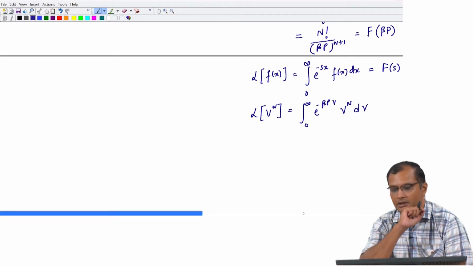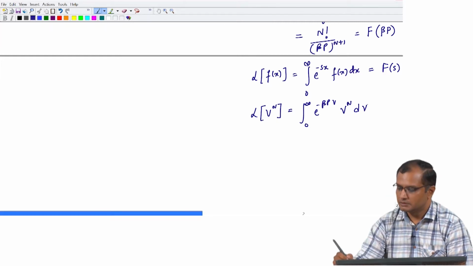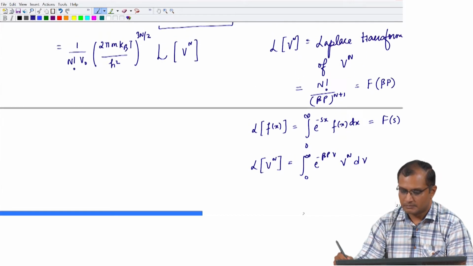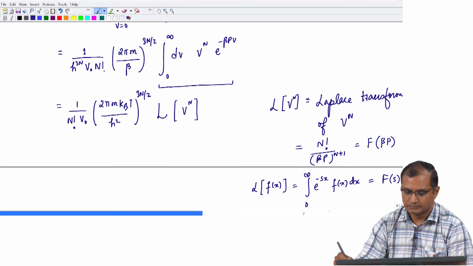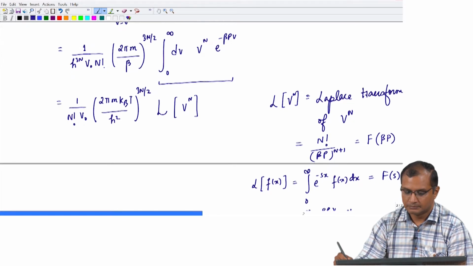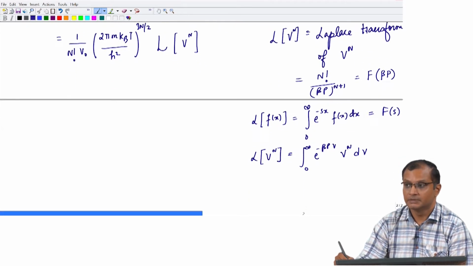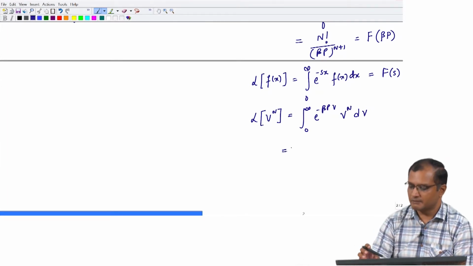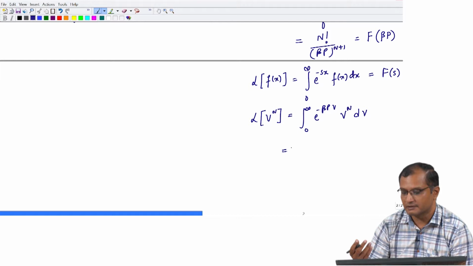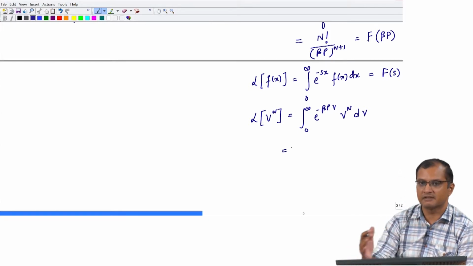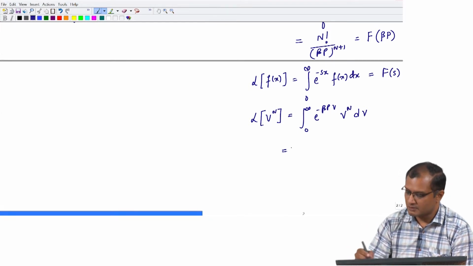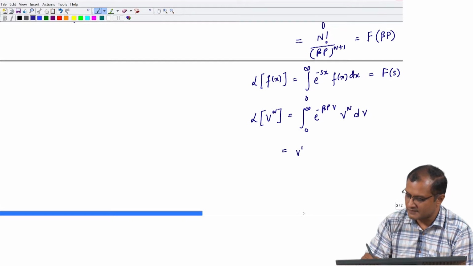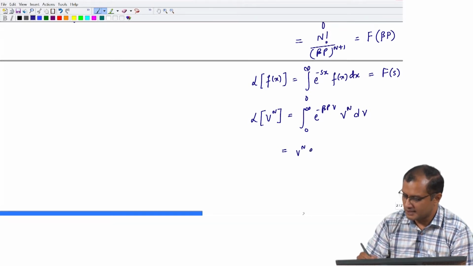Okay. So, fine. If you want to find out its answer, you take v raised to n as the first function, because its successive derivatives will reduce the order. I am just going to write down 2 steps and then it will be clear to you how to do it.